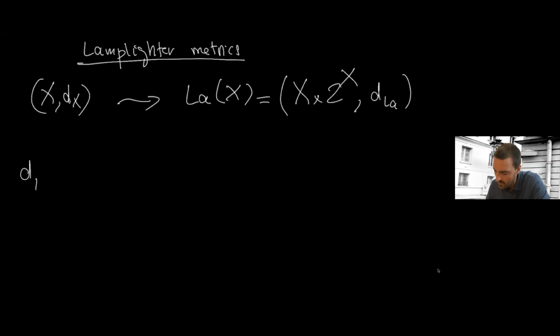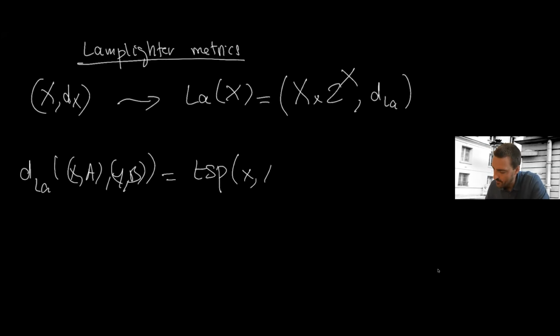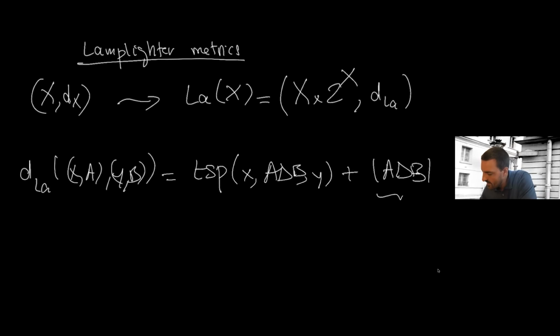So the metric is just essentially going to copy and paste the formula that I wrote before. So you need to solve the traveling salesman problem, and to account for changing the lights. Okay. So you can recognize this as the symmetric difference between subsets.